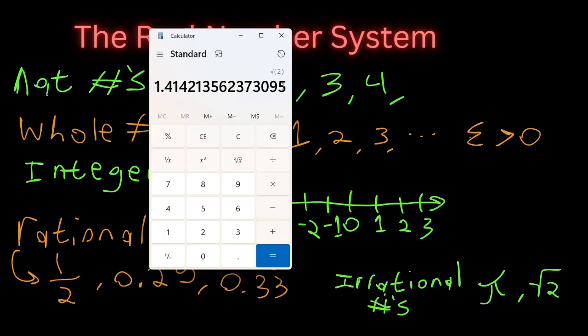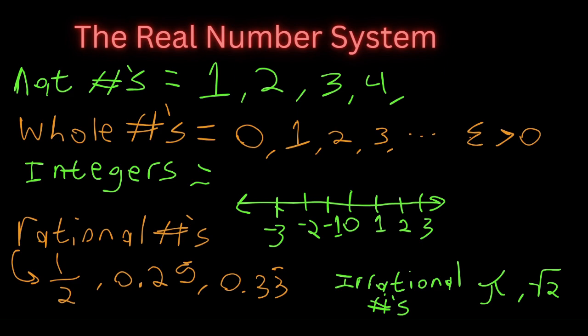The calculator shows one thing, but in truth, this decimal just keeps going on and on to more precise measurements, just like pi. Okay, so again, all of the irrational numbers are contained within the real number system. So irrationals are a little bit of a special case because they're not perfectly defined.